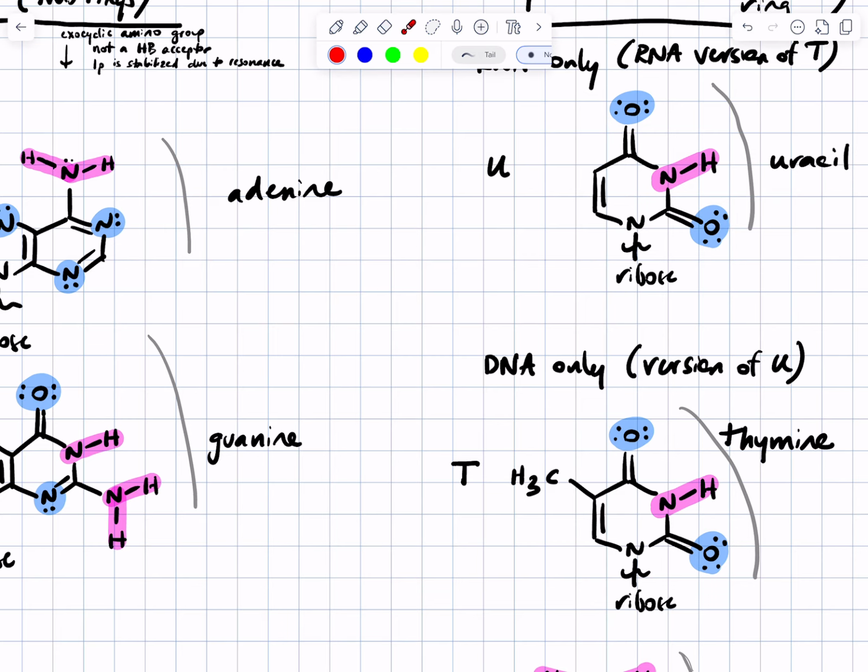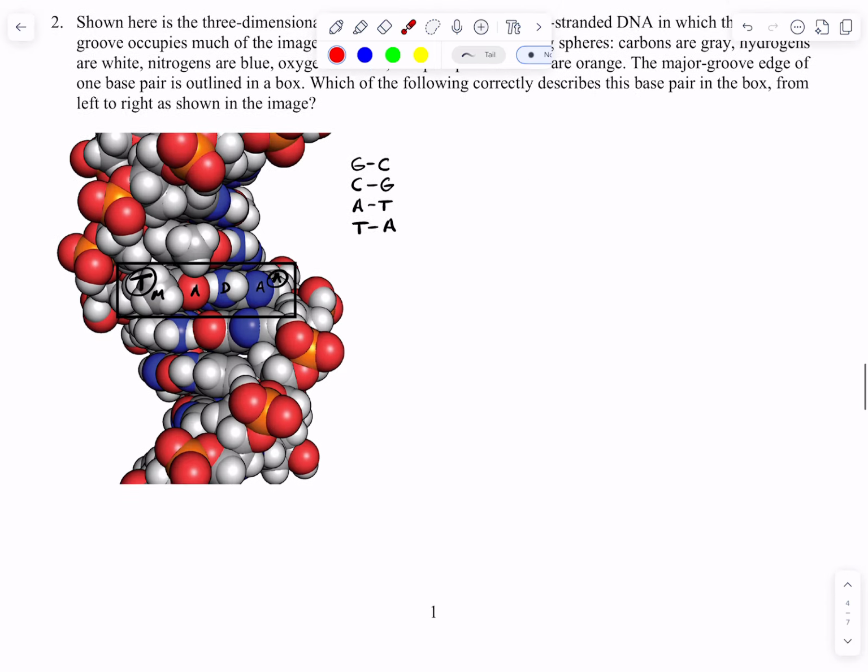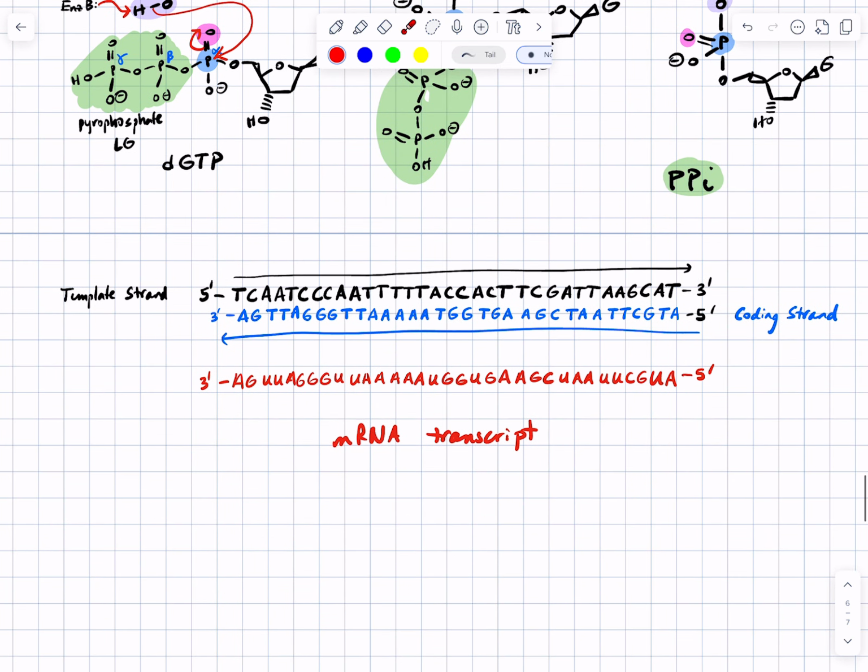So I just want to double check because this has always confused me: if you want to test or give us this template strand and say what is the mRNA transcript from 5' to 3', we'll want to first write down the coding strand and then flip it backwards. Yes, if you were wanting to transcribe this sequence, and there's an example of this on the last page of your quiz, but we'll go through this simpler example first.